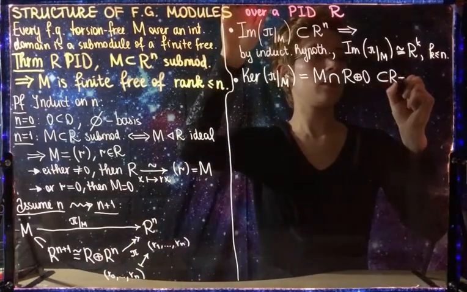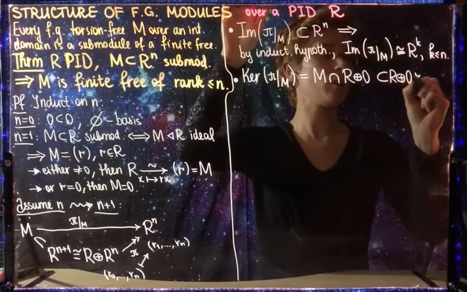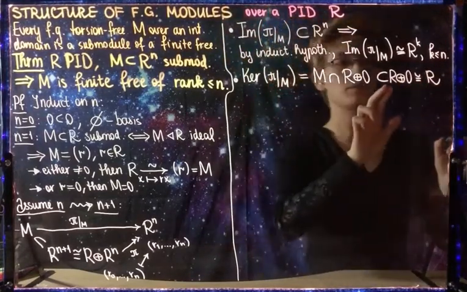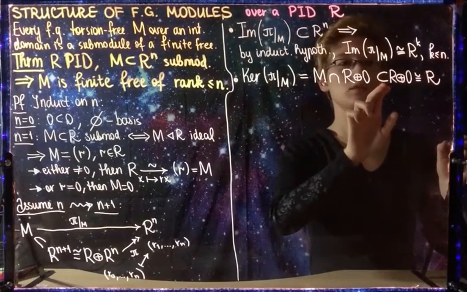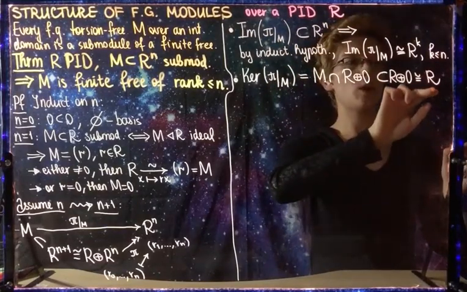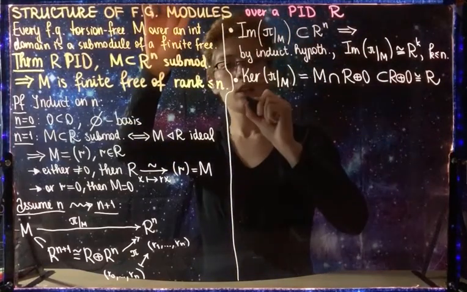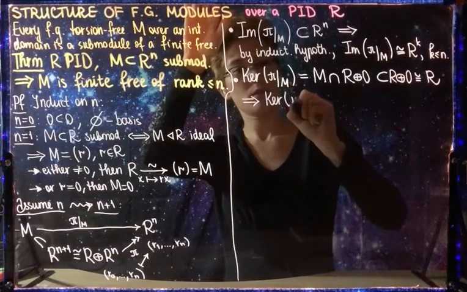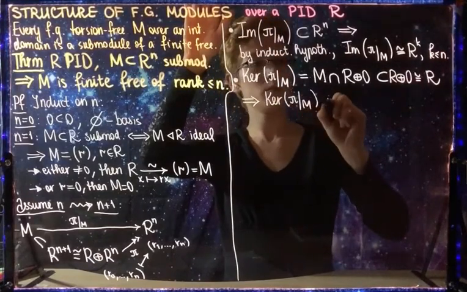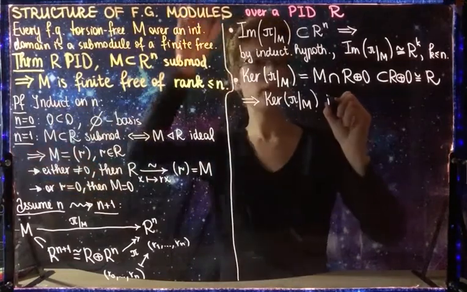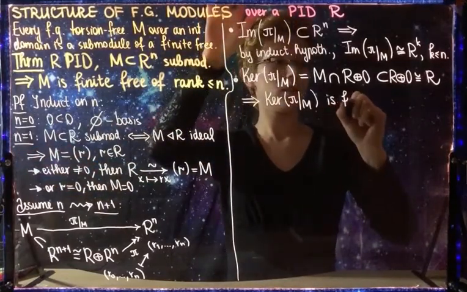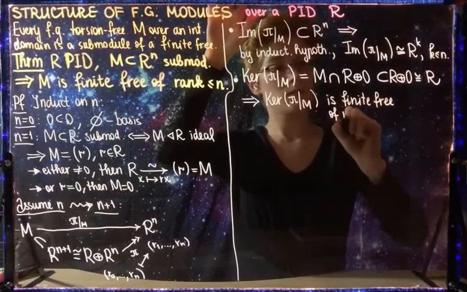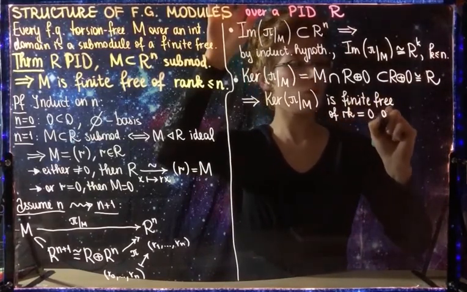So this is a submodule of R plus 0, but R plus 0 is naturally R. So the kernel is a submodule of a rank 1 free module. So the kernel of pi restricted to M, by the n equal to 1 case, is finite free of rank 0 or 1.